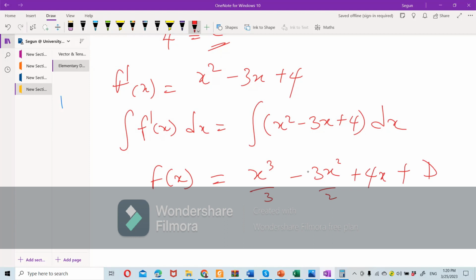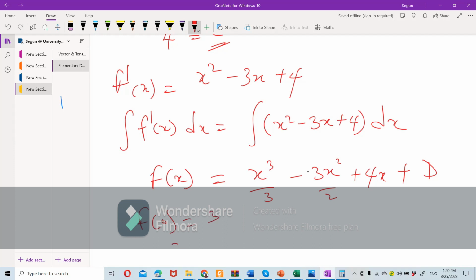So the solution here now says, when you have f of 0, comma 3, what is f of 0, comma 3? It simply means f of 0 equals 3.